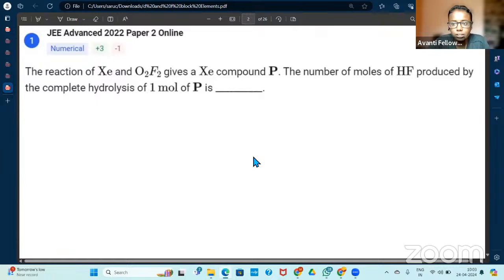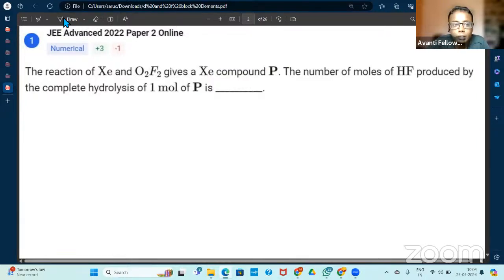So moving to the first question. It is a PYQ. The question is: the reaction of Xe and O2F2 gives a xenon compound P. The number of moles of HF produced by the complete hydrolysis of 1 mole of P is?